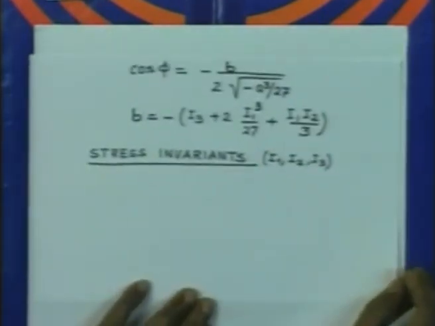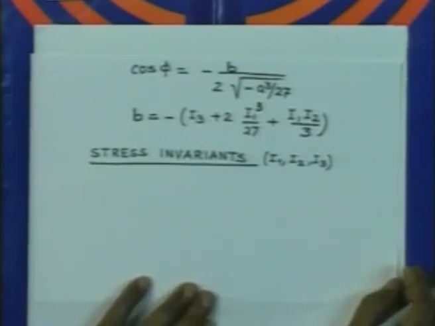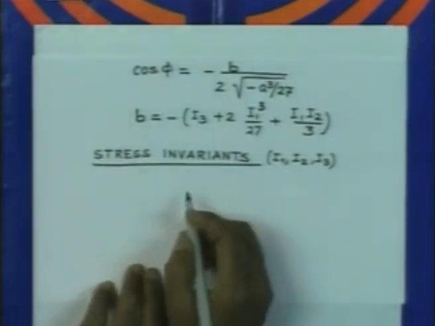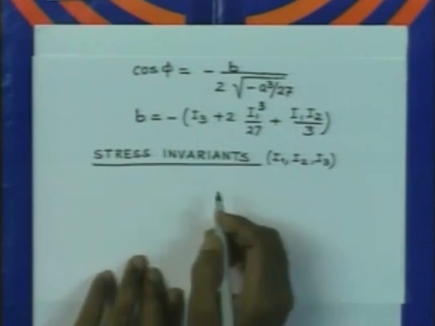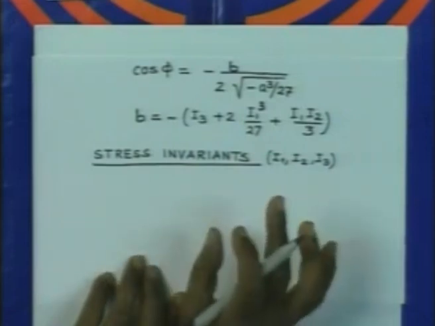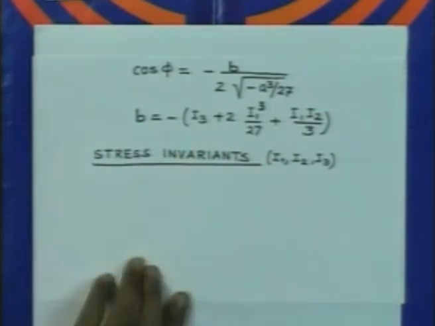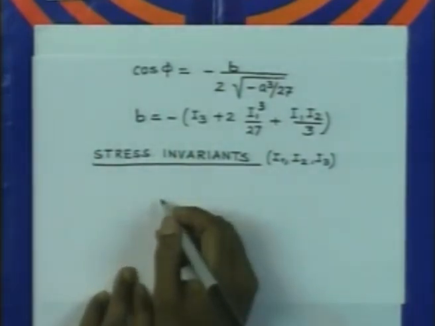You should have no difficulty in appreciating that when a body is loaded, its deformation will take place, and at a point there will be principal directions. At each point there will be three principal directions, and these principal directions are fixed. So long as the loading on the body is fixed, the principal directions are fixed directions.